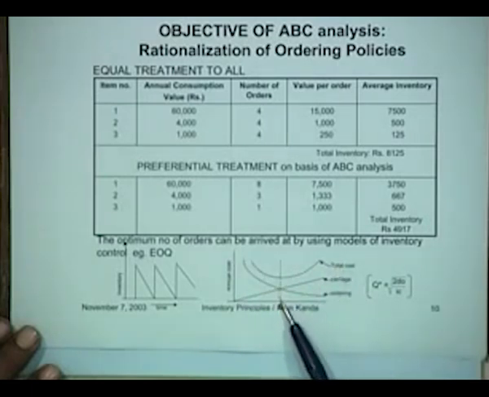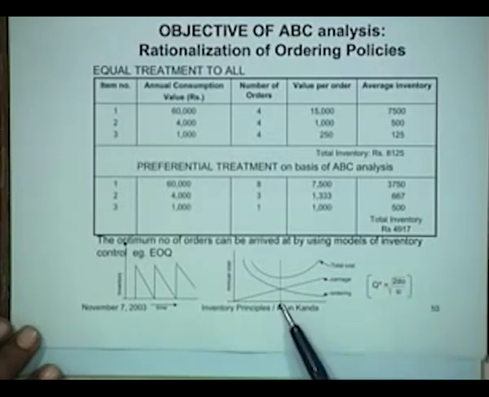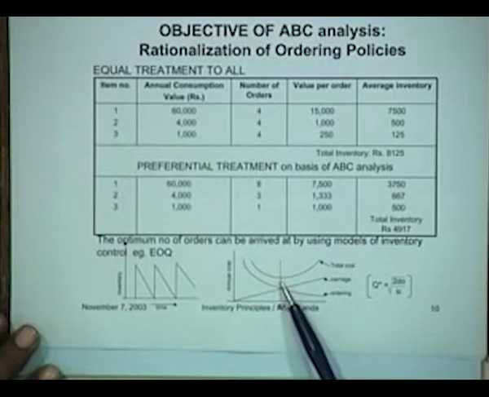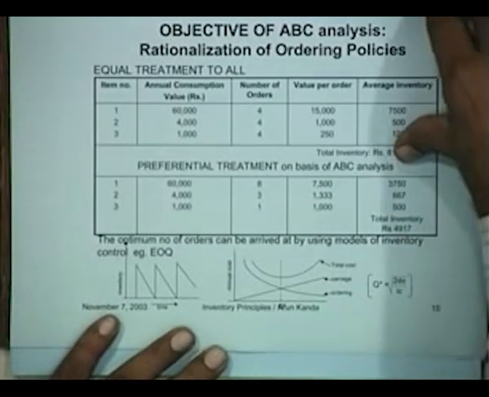And at this particular point, which is called the EOQ, whose formula is Q star equals the square root of 2 into demand into ordering cost divided by I into C, this particular value gives you the point where the total inventory cost is minimum. That is another aspect of how you can rationalize your ordering policies.